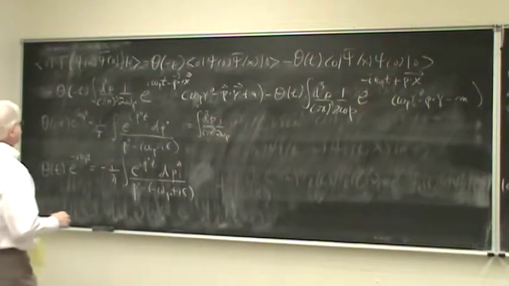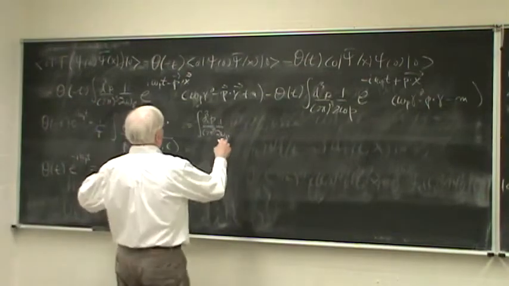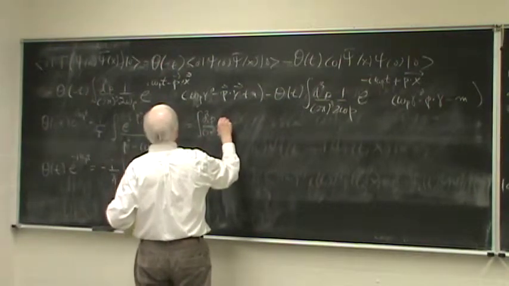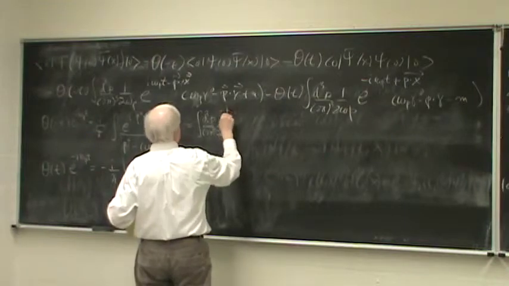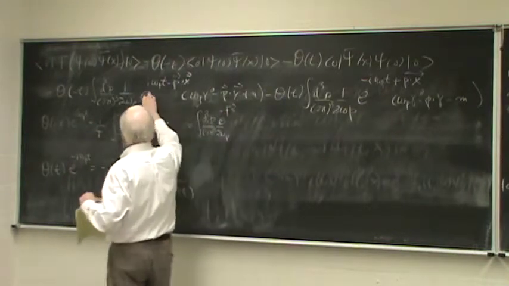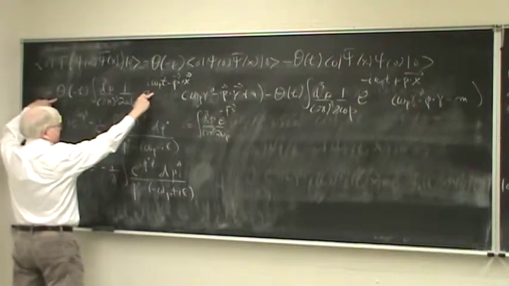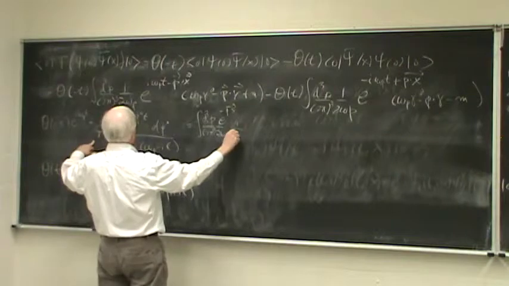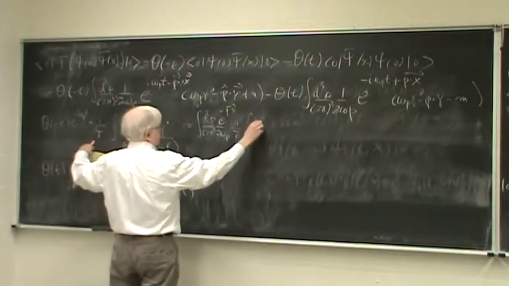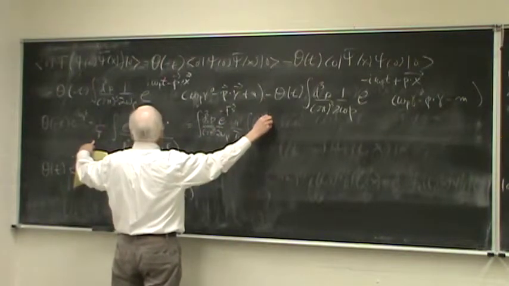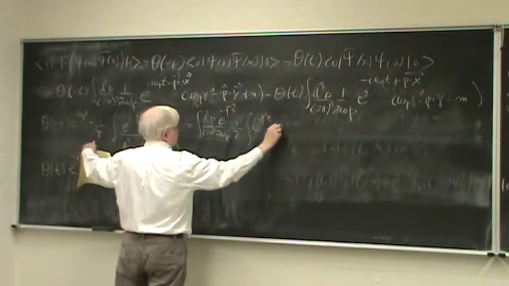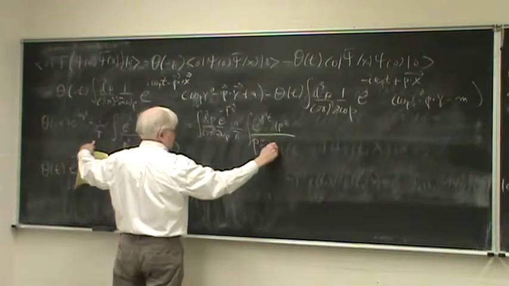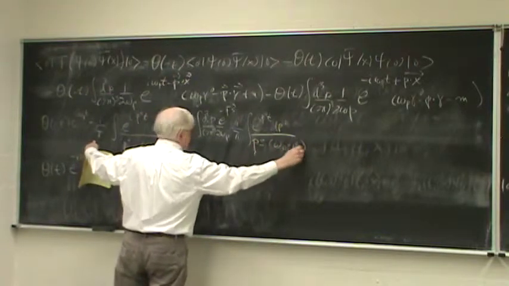And this one has, well, first of all, the phase factor, which is just e^{-ip·x}, because I'm going to absorb the phase factor with the theta, and that's going to give me this: i over π integral e^{ip₀t} dp₀ divided by p₀ minus ω_p minus iε.